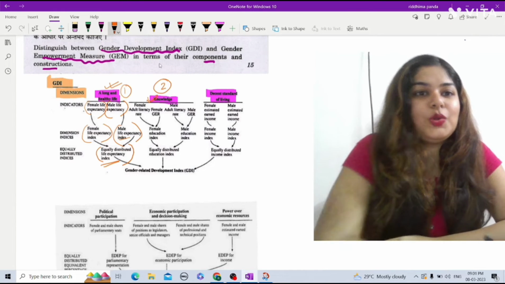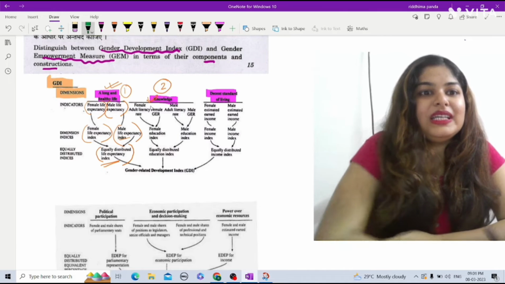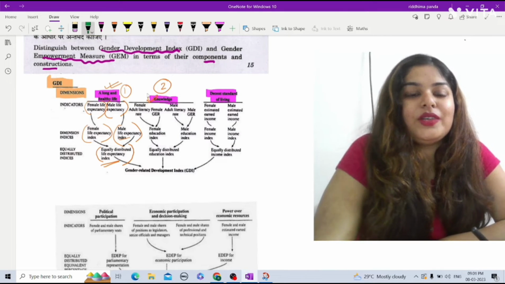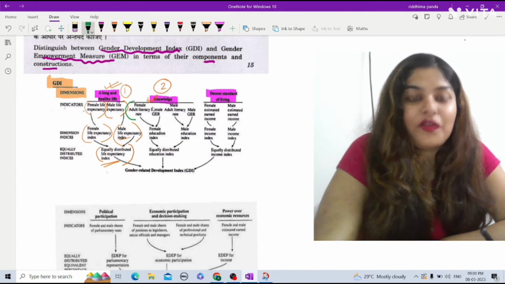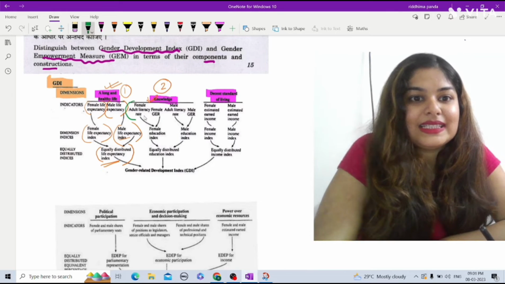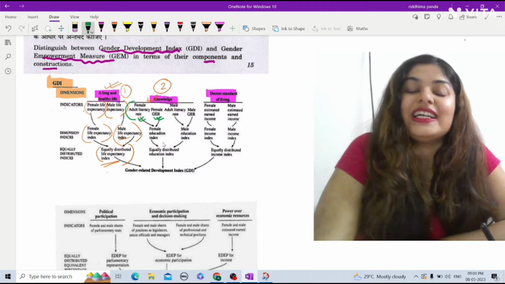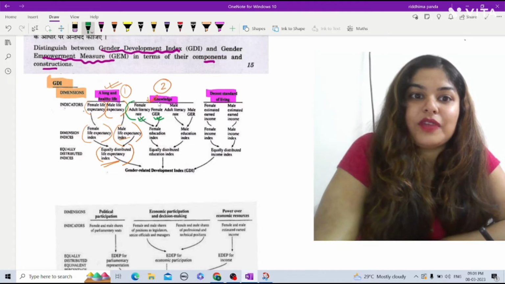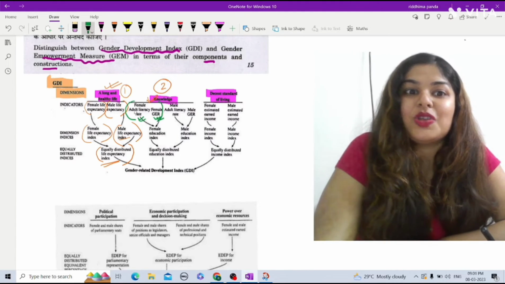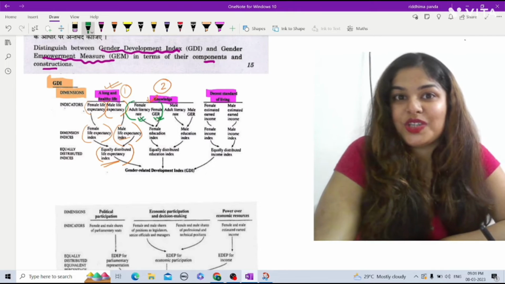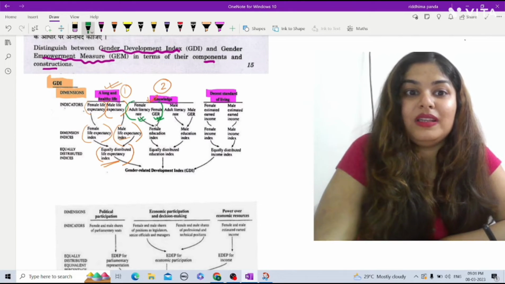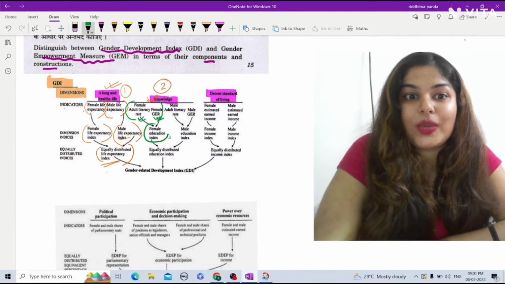What are the indicators we are going to check here? First, for female, that is the female adult literacy rate and the female GER, the gross enrollment ratio. Literacy rate and gross enrollment ratio together for females construct the female education index.